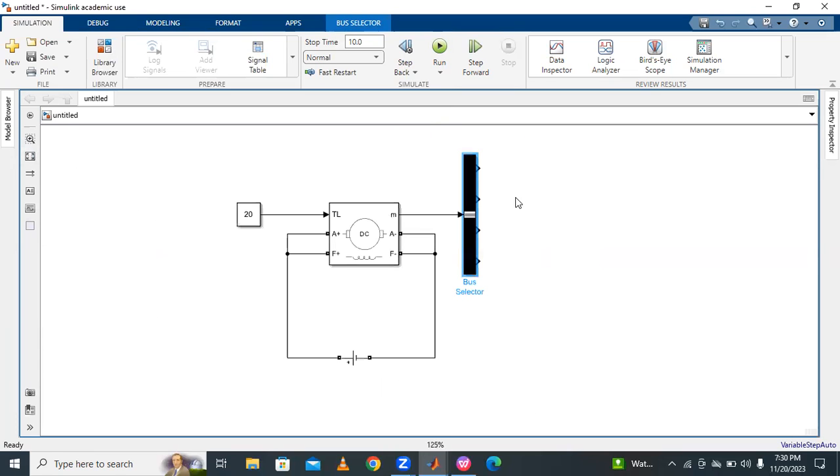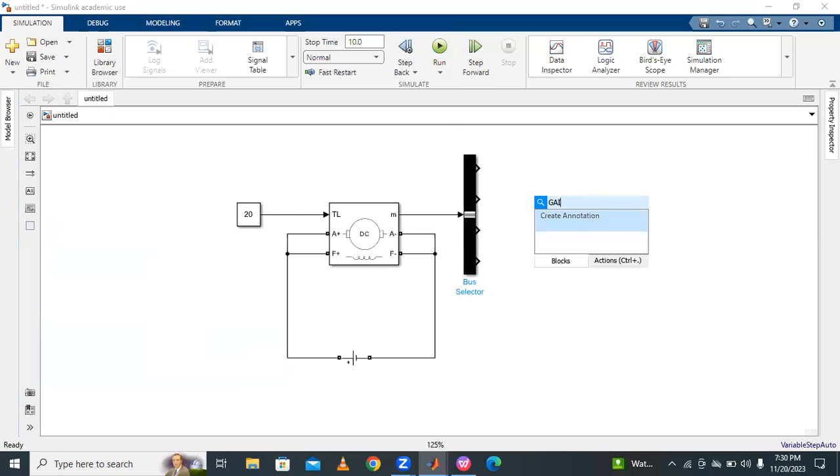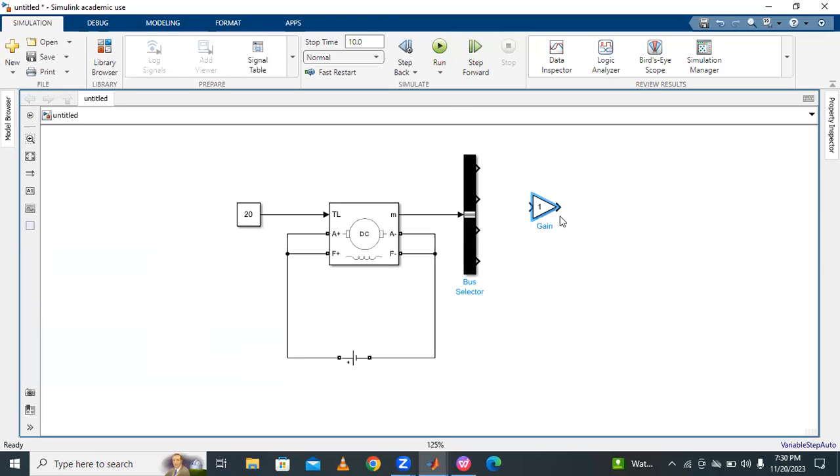Here connect the speed in radians per second. To convert it to RPM, one gain block is required here. Right here, gain. So N equals 60 by 2 pi times the speed in radians per second, converting like this.